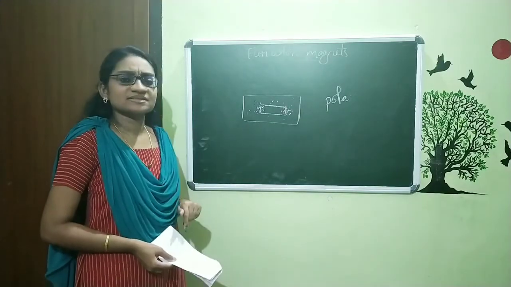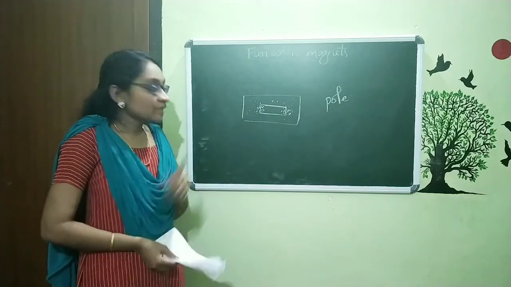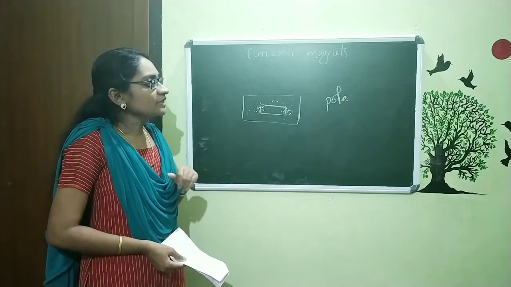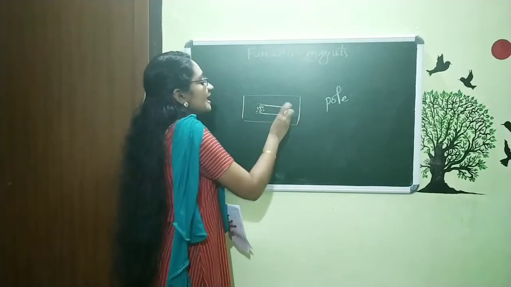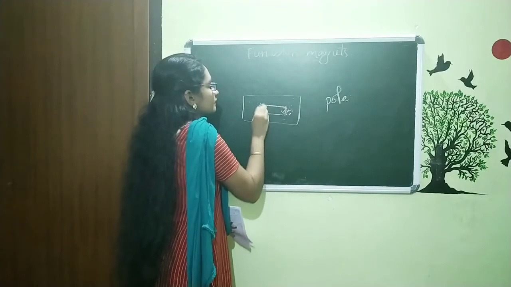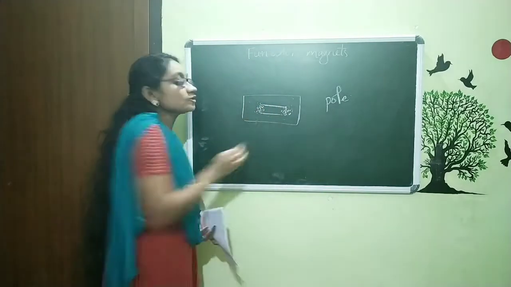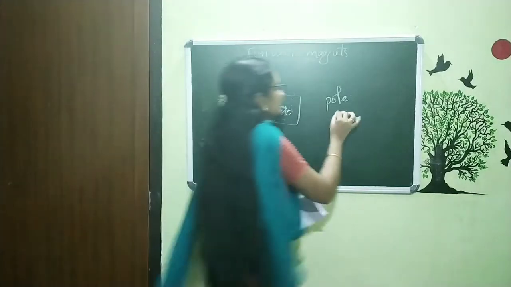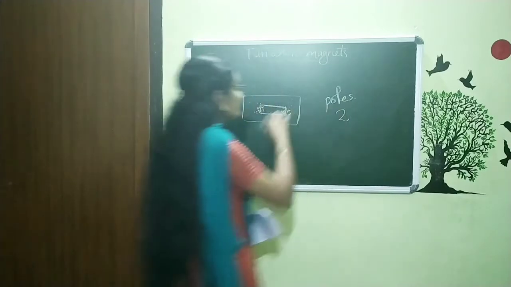And now the question is: how many poles are there for a magnet? When you observe the diagram, you can see that the iron filings are attracted and focused on 2 points, and I can say 2 poles are there for this magnet.